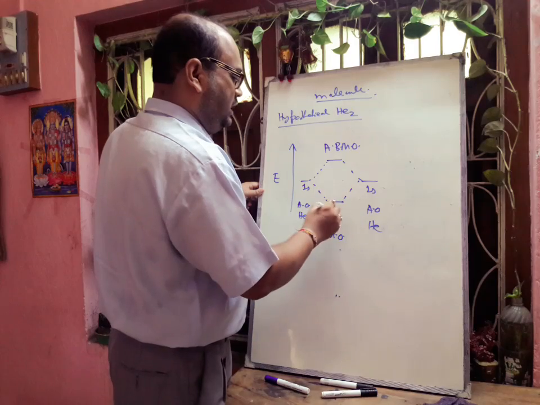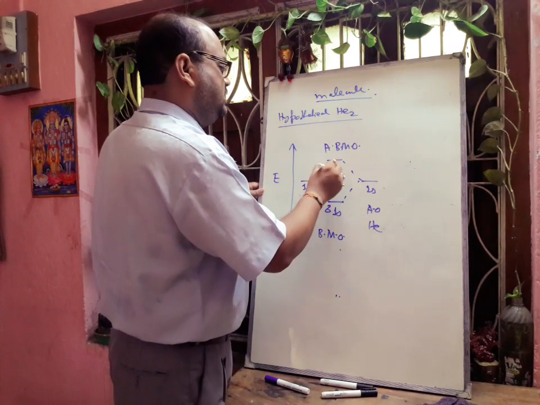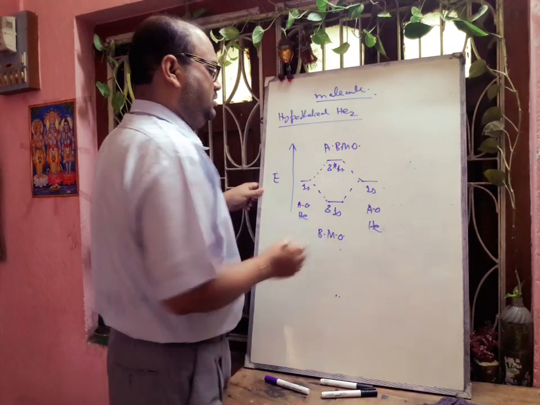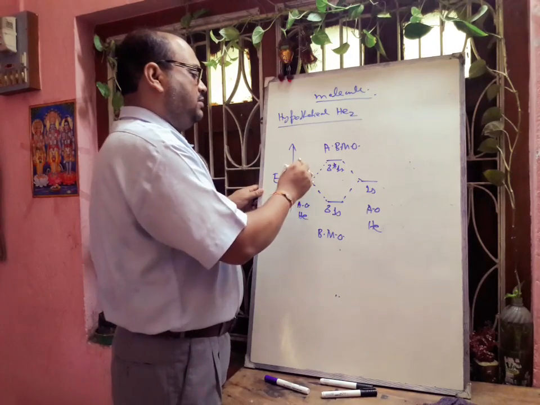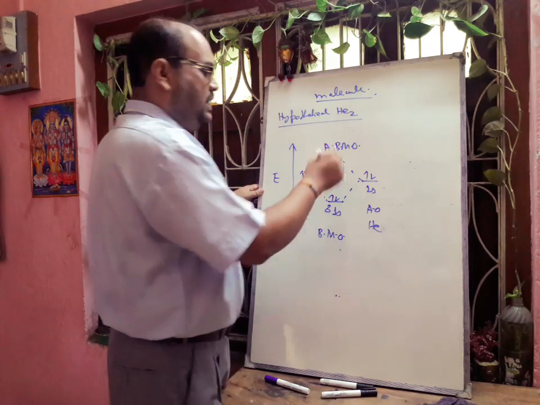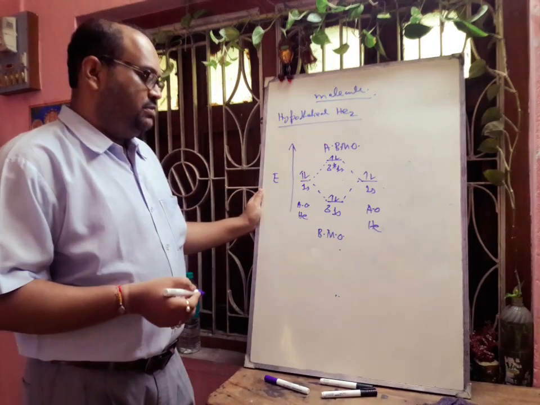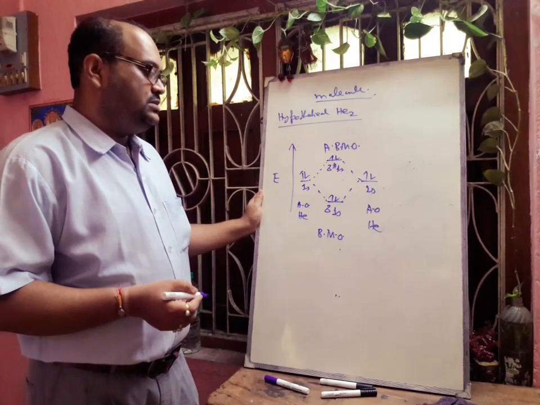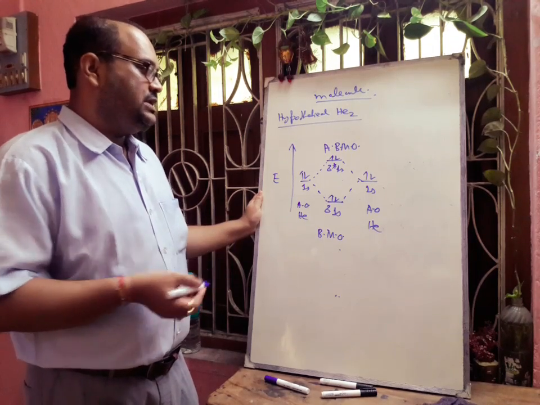This one is called sigma 1s and this is sigma star 1s. Now in each helium atom there will be 2 electrons. So if you fill up these molecular orbitals from lower to higher energy, this will be the condition.